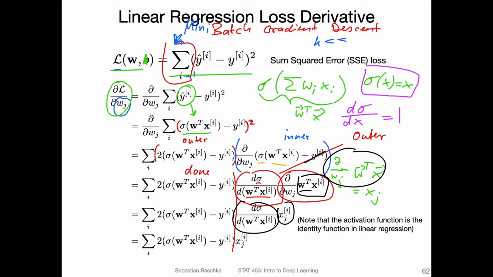This would be 1, so this goes away, and what we are left with is just xj. If I condense this again, it would be 2 times y hat minus y times xj. And this would be the derivative of this loss function with respect to this wj.